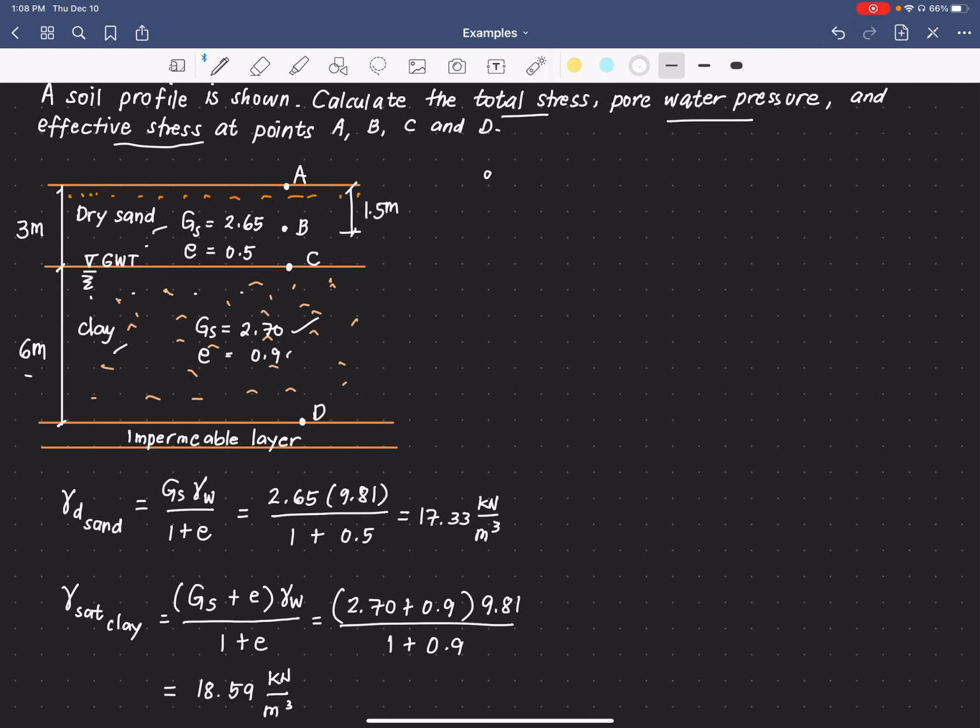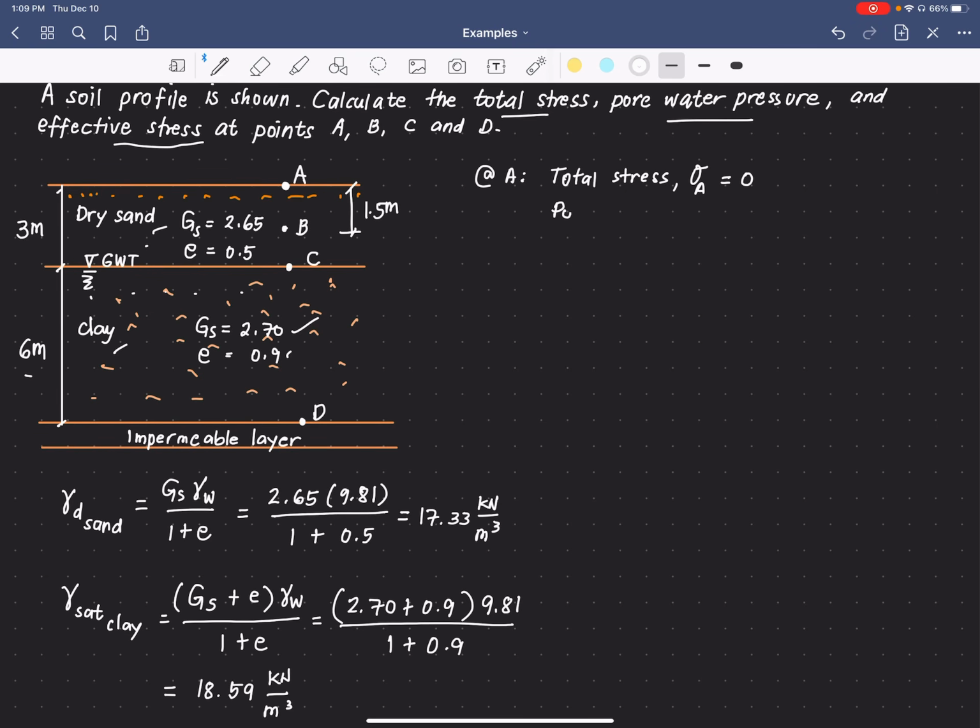So let us start from point A. Let us say at point A, the total stress, which can be denoted as sigma sub A, would be equal to, obviously, at this point we do not have the thickness, and that is out at the ground surface. So obviously, there is still no stress at point A. So this is simply equivalent to 0.